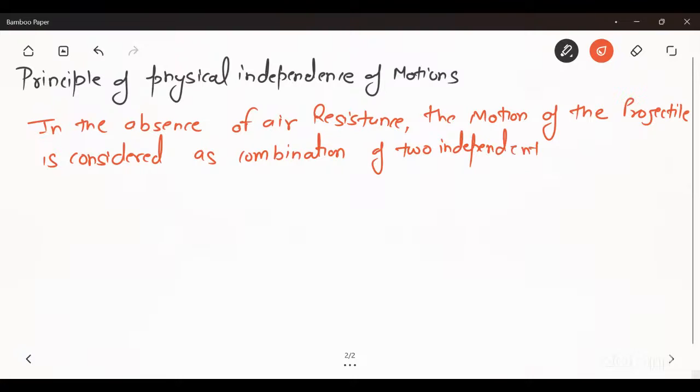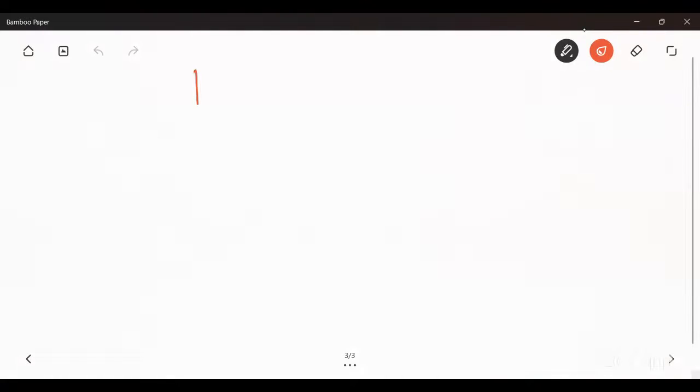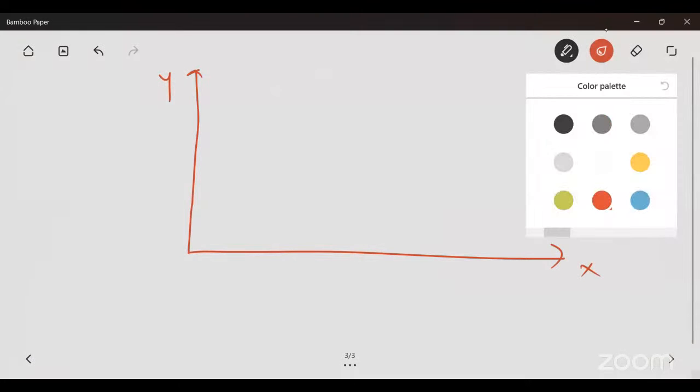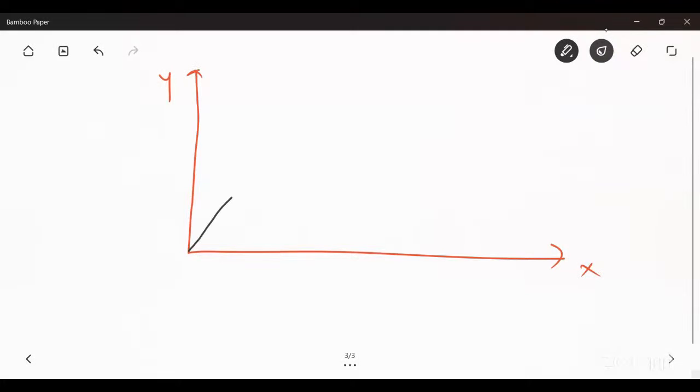So what are the two independent motions? Firstly, I will tell you, then I will write. Suppose this is your y-axis and this is the x-axis. If a projectile is thrown with some initial velocity u at an angle theta, it will describe this path.